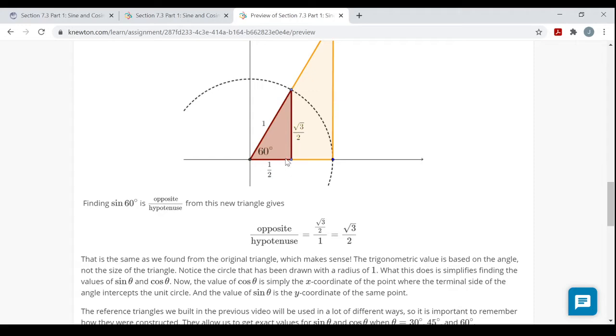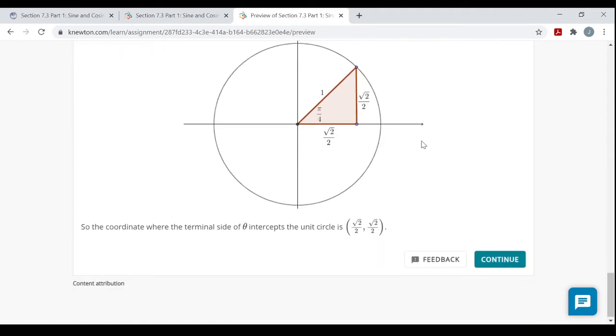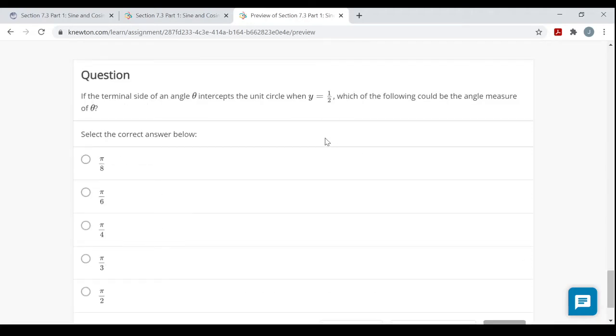The length of the horizontal leg, the x coordinate of this point on the unit circle, is a half. And remember we saw that the sine of the 60-degree angle was square root of 3 divided by 2. See how that's the vertical, the y coordinate? And you can read all this, please. Read all this. There's a lot to read. And they do it for radians and degrees and all that.